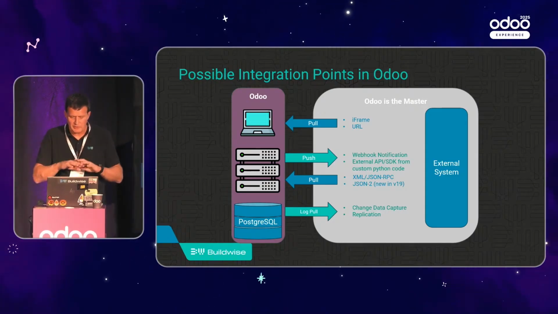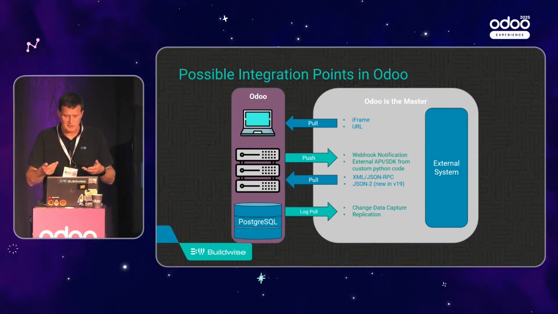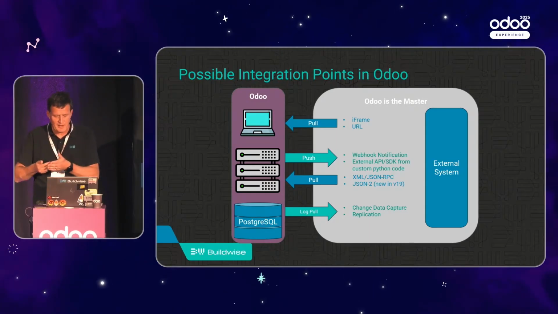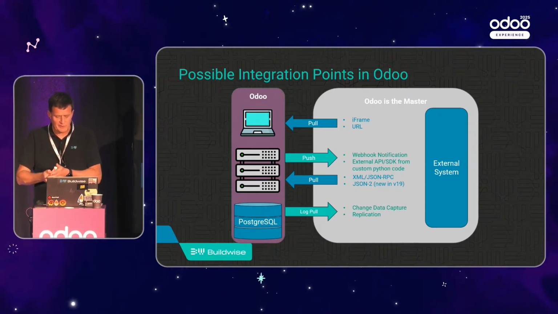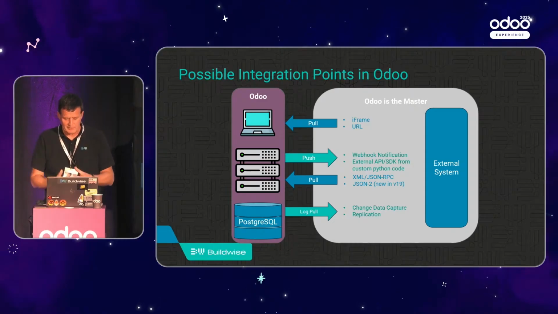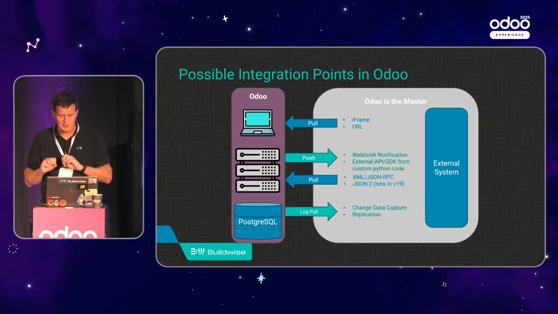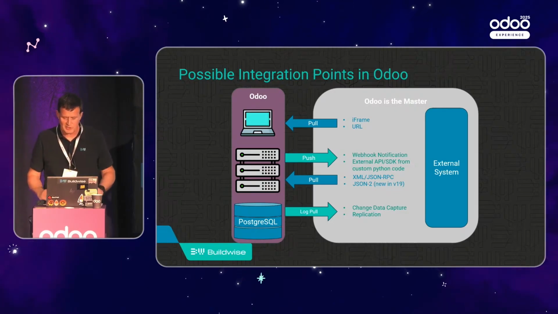So you say, okay, I'm interested in res.partner, and as soon as a record is updated in the database, I get an event, I get a message that I can query and pull, and this event contains what was the data before the change and what was the data after the change. This is called change data capture.